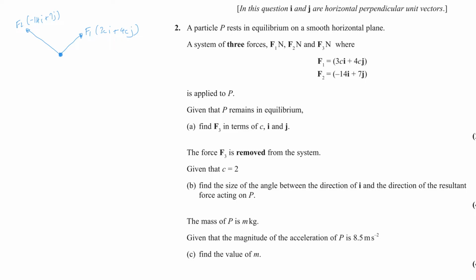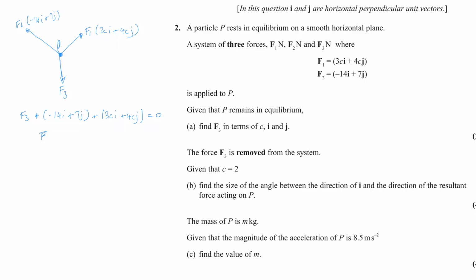And then force F3 is going to be somewhere downwards. I don't know if it's down to the right or down to the left just yet, but somewhere that way. And if I add up all these forces, then they should equal 0. So F3 plus F2 plus F1 should equal 0.